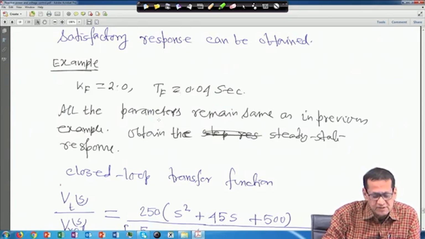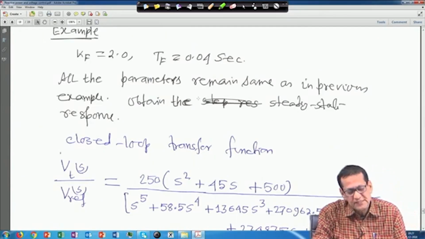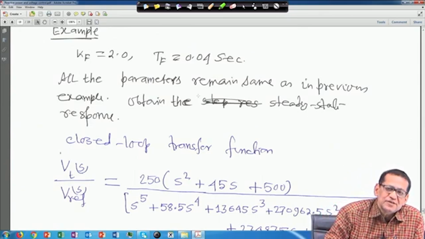We have to obtain the steady state response, that is, the steady state value, say VTSS.